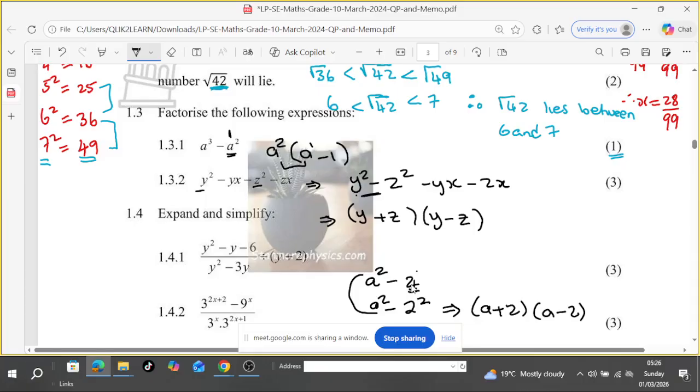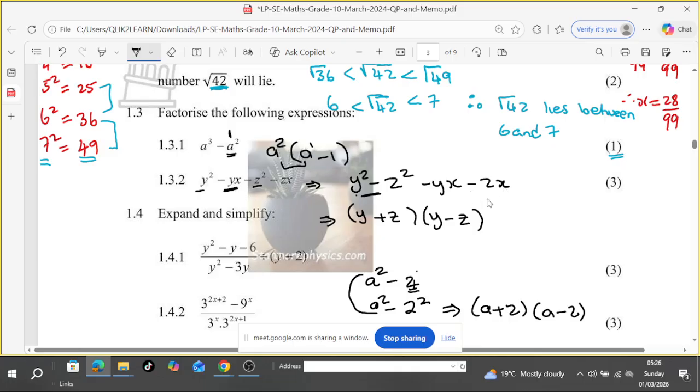Where does the X by the Y, the minus YX, where does it go? I'm listening. What are you saying? You see the minus YX, where does the X go?